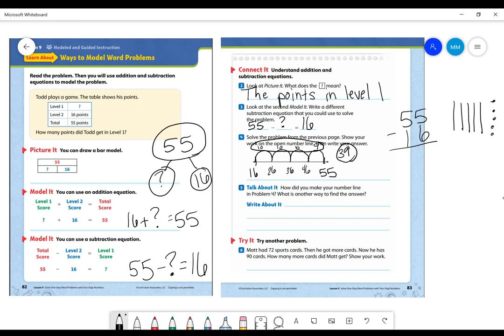I could also solve it right here. So I always start in my ones place when I see an equation. When I start in my ones place, I do not have enough on top to take away 6. So I go over to my tens place and I ask them very nicely if they will give me a 10 to change into ones.